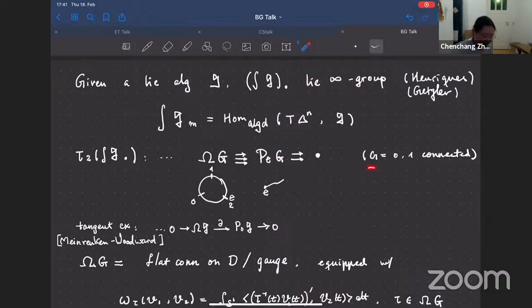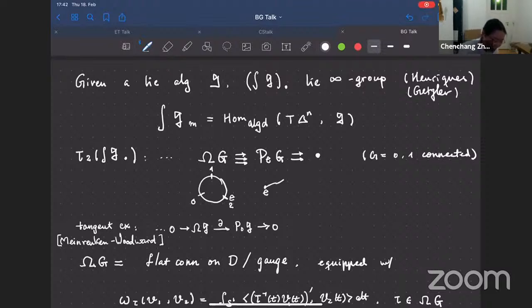Of course, over here G is the connected, simply connected Lie group of little g. And let's have a look. So what is this structure over here? PEG is, as I said, the space of paths which start at identity.